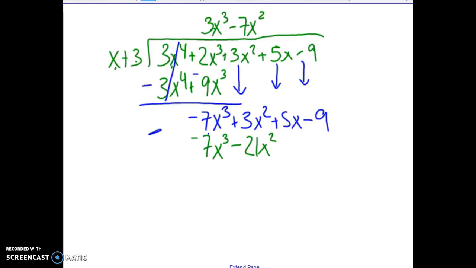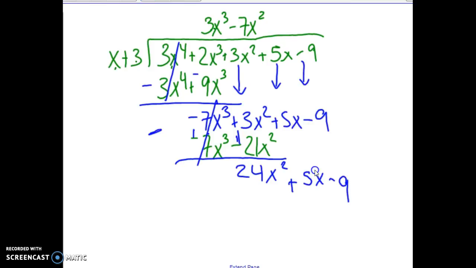I'm subtracting this, remember, changes these two signs, cancels, and I get huge numbers now. 24x squared, bringing down everything else. Plus 5x minus 9.